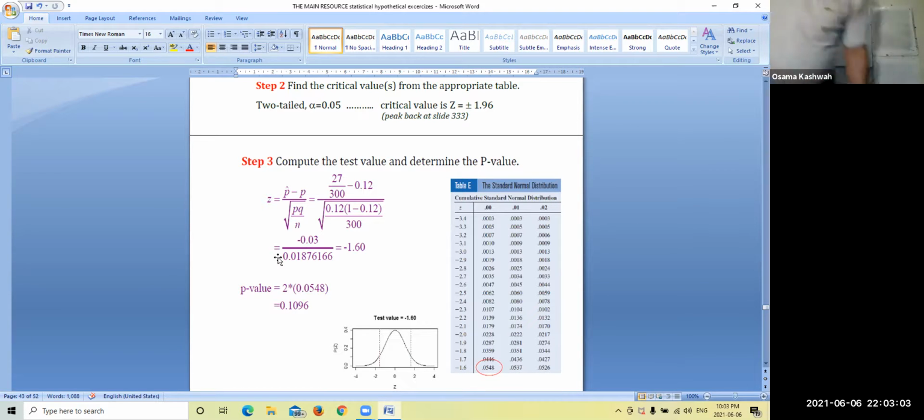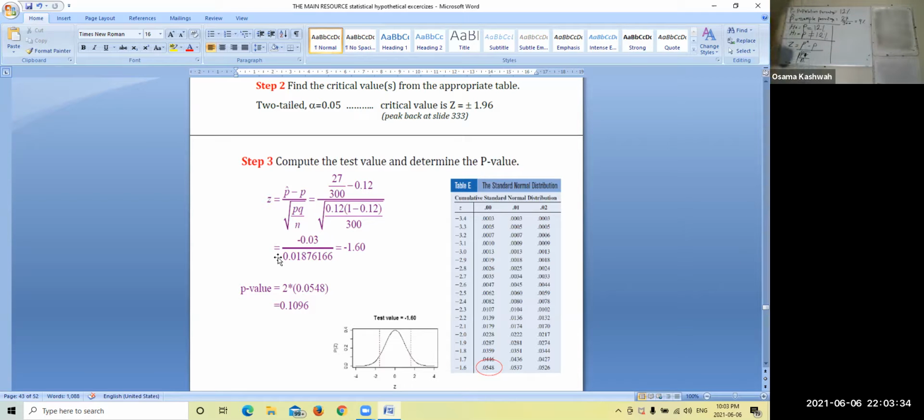So we will apply the formula. The test tool now will be Z equals P hat minus P, divided by the square root of PQ divided by the sample size. So that means what?